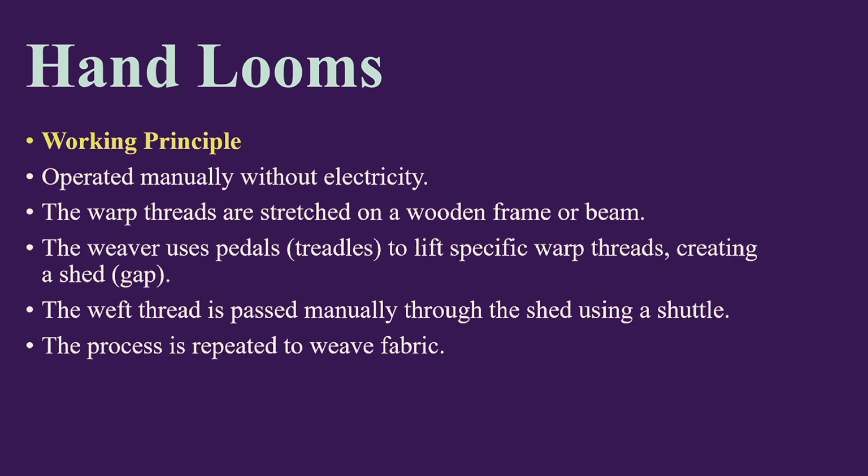When we discuss the working principle, as by the name hand loom, it is operated manually without electricity. The warp threads are stretched on a wooden frame or a beam. The weaver uses paddle to lift the warp threads, creating a shed or a gap.